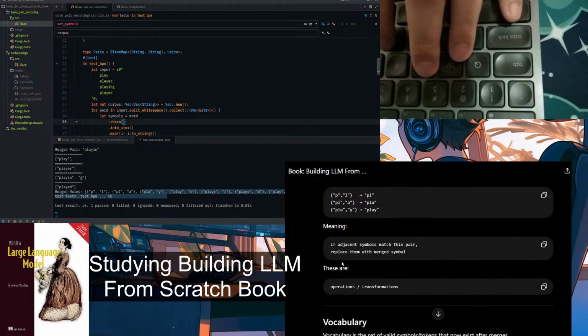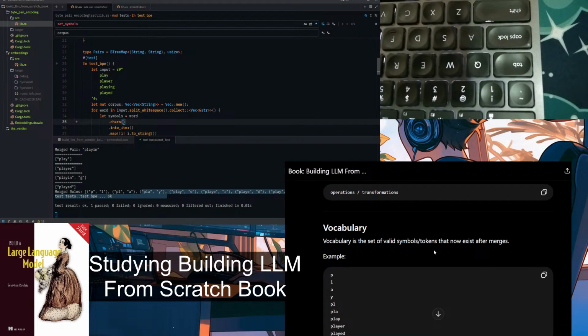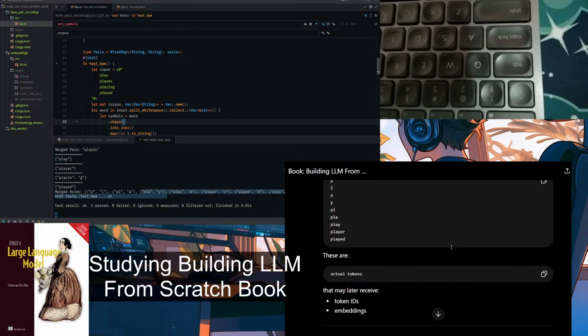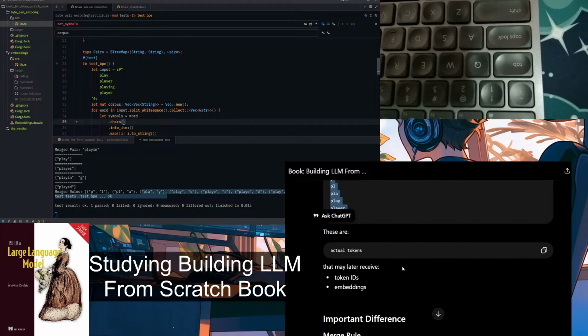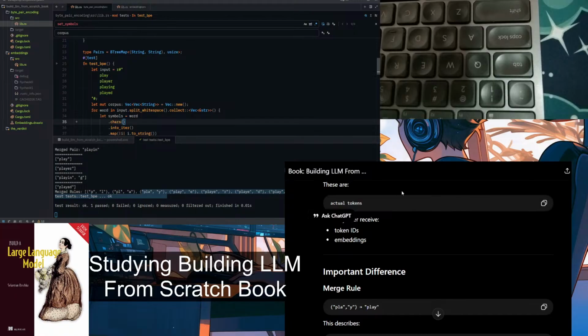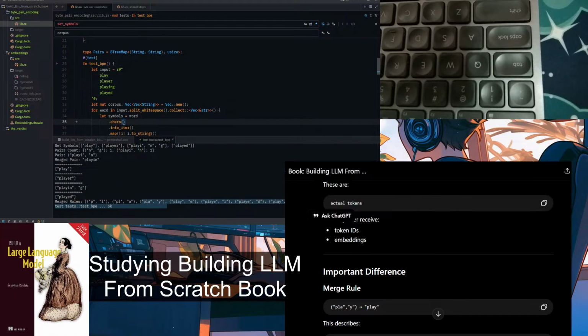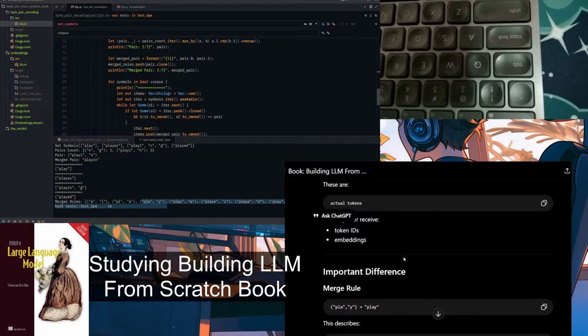Merge all adjacent symbols that match this pair, replace them with the merged symbol. So vocabulary is the set of symbols or tokens that now exist after merges. But paano siya nag-come up nito? Play, player, played. I'm not getting this part.